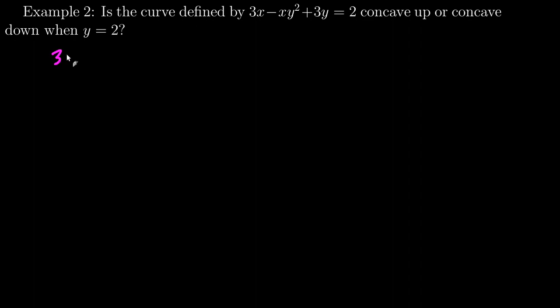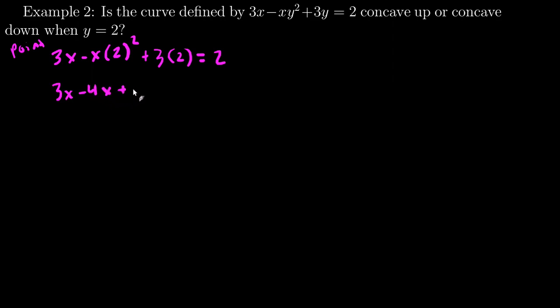So I'll have 3x minus x times 2 squared, this is for the point, plus 3 times 2 equals 2. And so I'll get 3x minus 4x plus 6 equals 2. Subtract 6 from both sides, combine like terms. Negative x equals negative 4. x equals 4. And that means I will be at the point (4, 2).